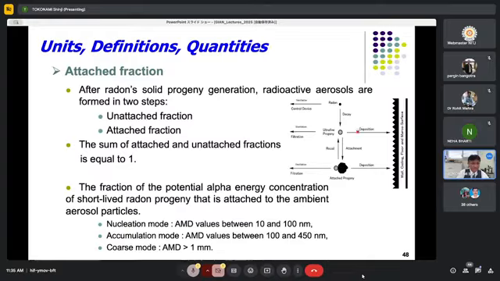Look at this. The sum of attached and unattached fractions is equal to 1. The attached fraction is the fraction of the potential alpha energy concentration of short-lived radon progeny that is attached to the ambient aerosol particles.